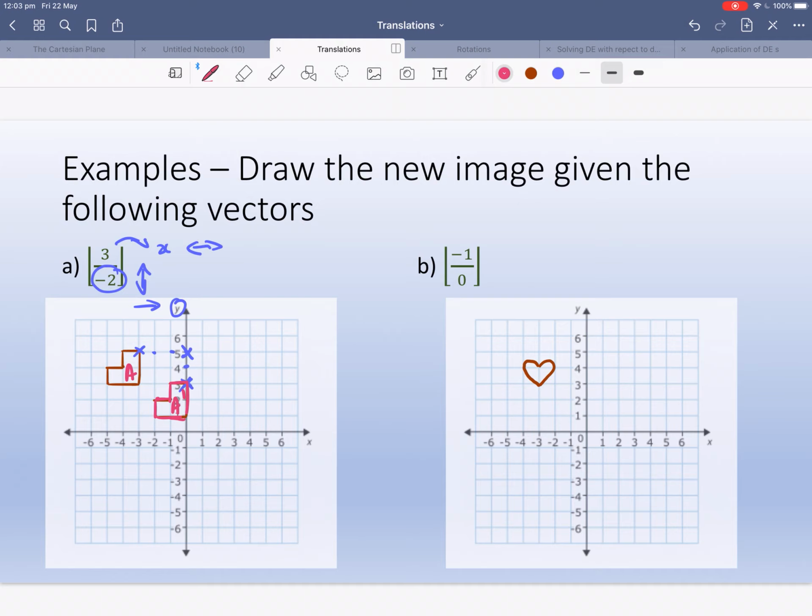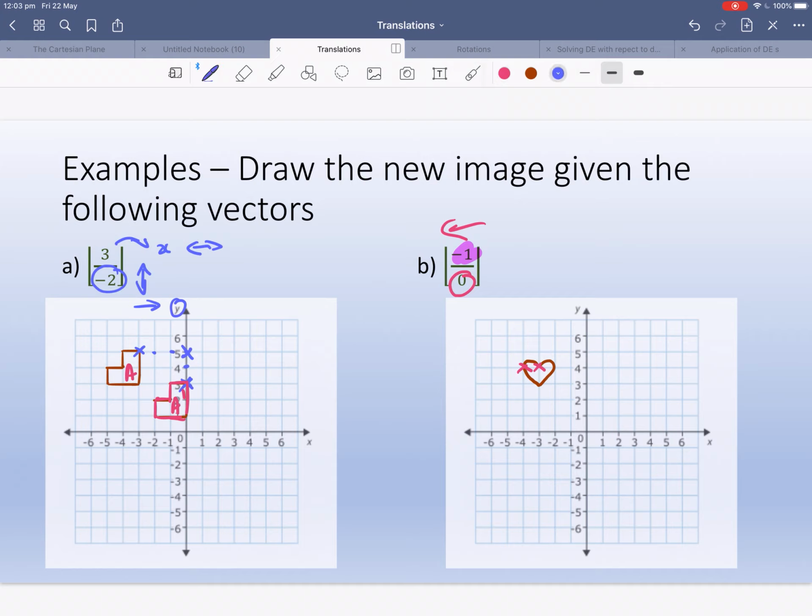All right, I'm assuming that you have paused the video and you've given it a crack. Remember that this one here is to move it left to right, so it's moving left 1. So I'm going to grab a point as well. This one's a bit harder to grab a point, so I'm going to move that point. Now the middle of the love heart will be there. Now 0, so what's happened to it? It hasn't moved up or down at all. So it's just moved across to the left 1.